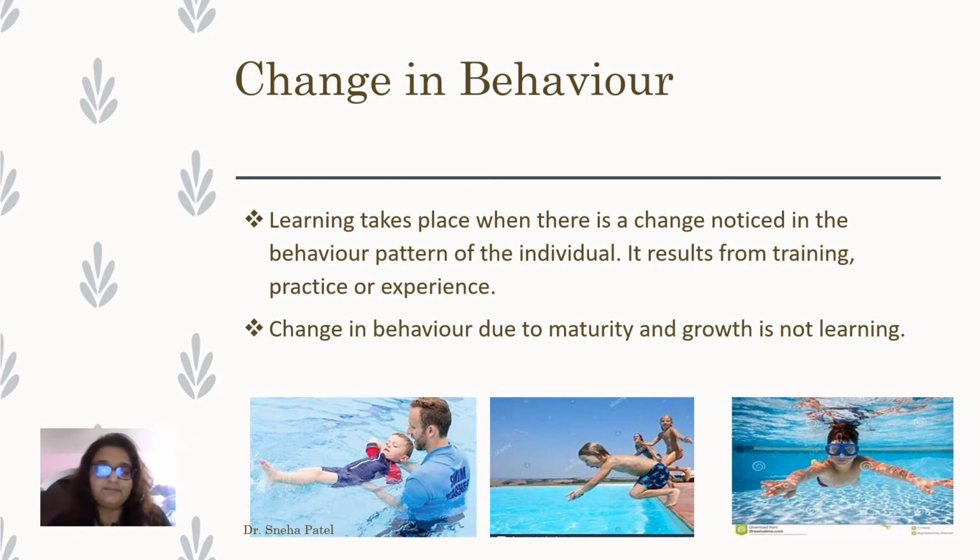You can see the pictures given here. The very first picture shows that a boy is getting trained to swim. He doesn't know how to swim. But after practice and experience, his behavior is going to change for a longer period of time or permanently. Till he lives, he will never forget swimming.